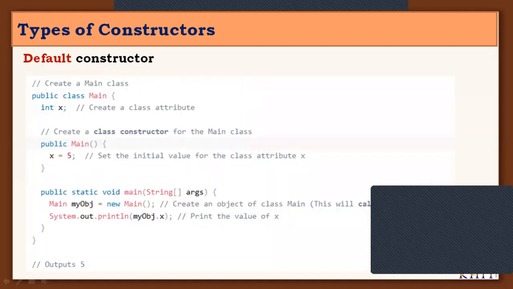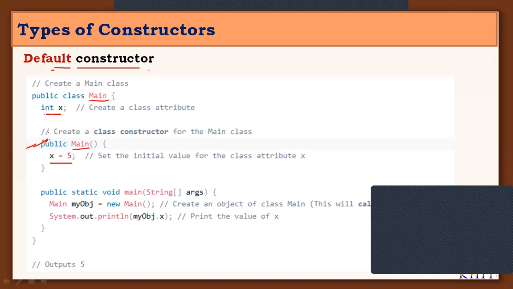Let's see another example of a default constructor. Class Main, with an integer variable x, one instance variable here. Coming to this Main, here it is a constructor, and we can give the access specifier for this constructor as public. The class name is Main, and the constructor name is Main. Inside this constructor, the instance variable is initialized with 5.